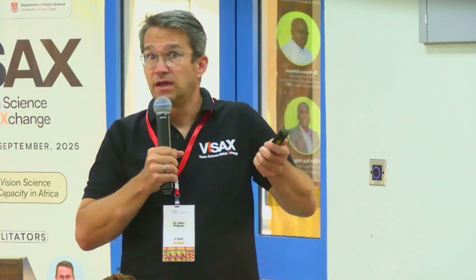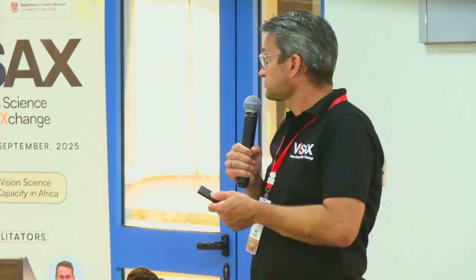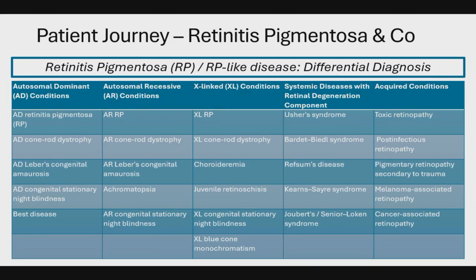So if somebody comes to you and says, well, I'm about to start a family, what about the risk for my children? And if you find out, well, it is maybe just a post-infectious retinopathy, probably there are no signs for any classical retinitis pigmentosa.